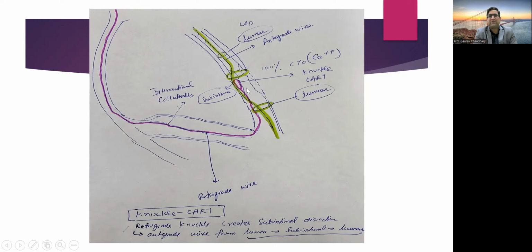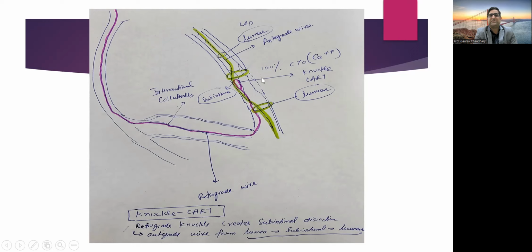We make a knuckle and push it into the CTO body, and this will enhance the subintimal dissection. After this, we can try to negotiate this proximal wire, that is the antegrade wire shown in fluorescent color, into the subintimal space and into the distal true lumen. So from lumen to subintimal to lumen, this is how.